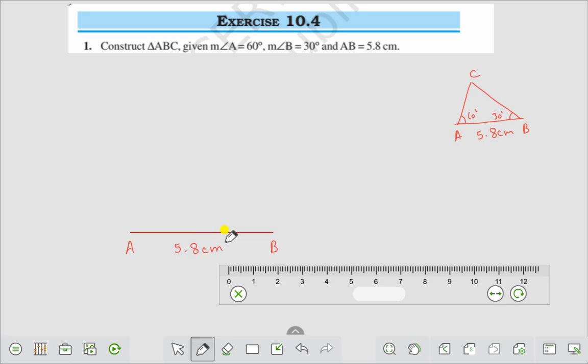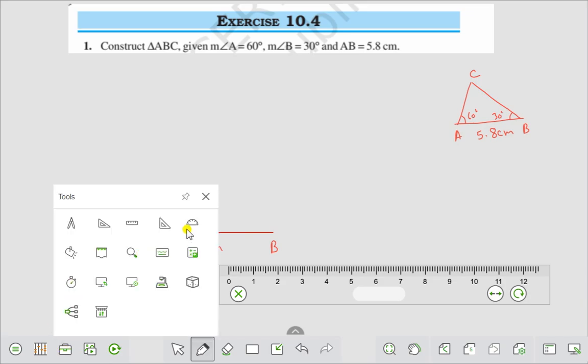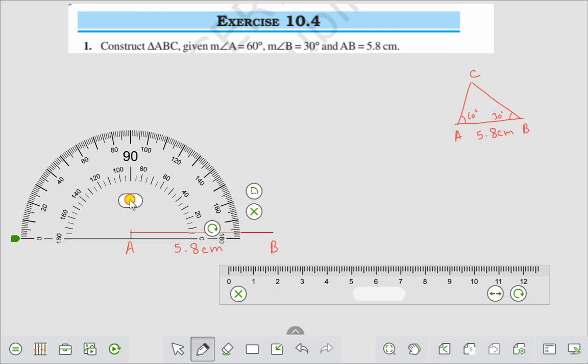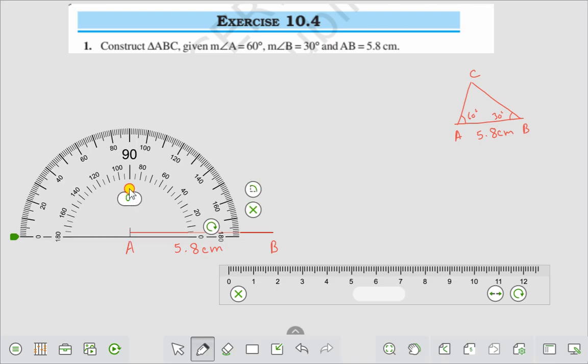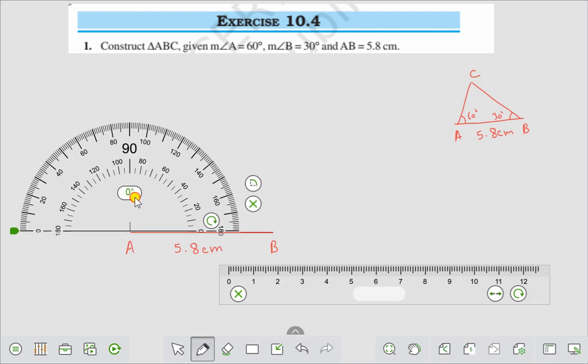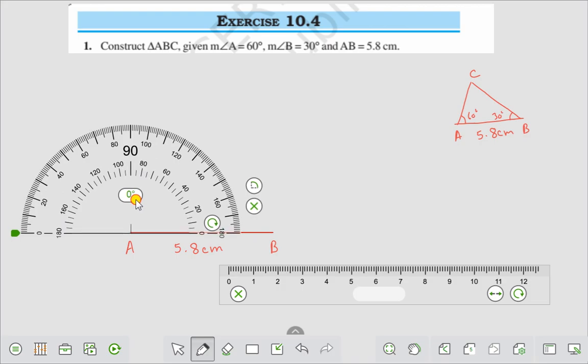Now draw an angle of 60 degrees at point A. For that, take a protractor and put the protractor at the proper position so that we may get an angle of 60 degrees.